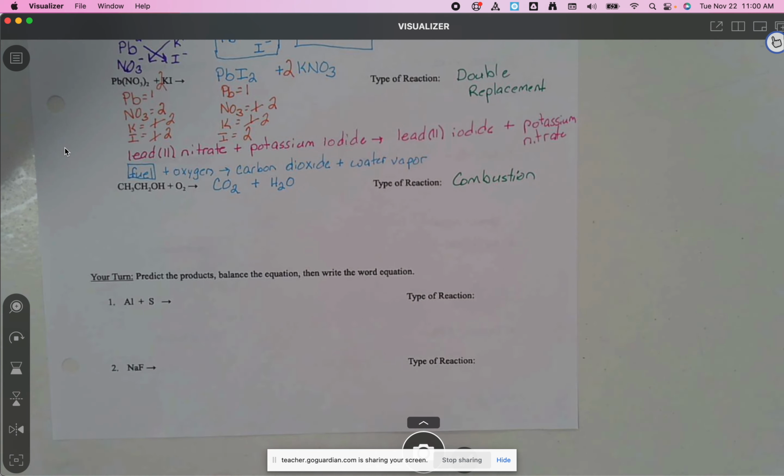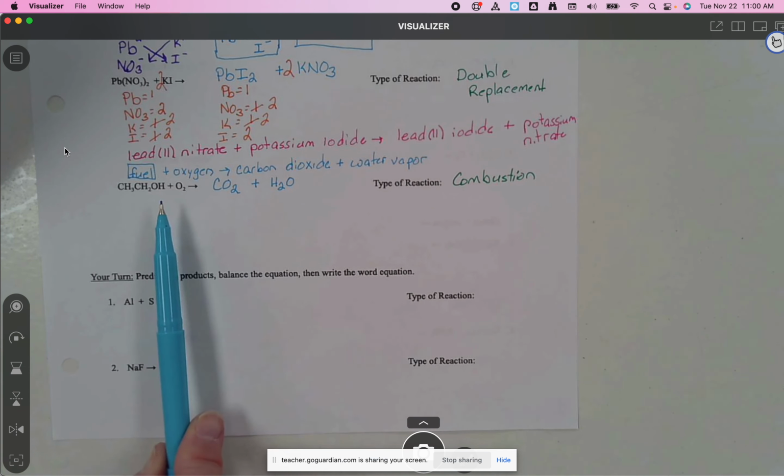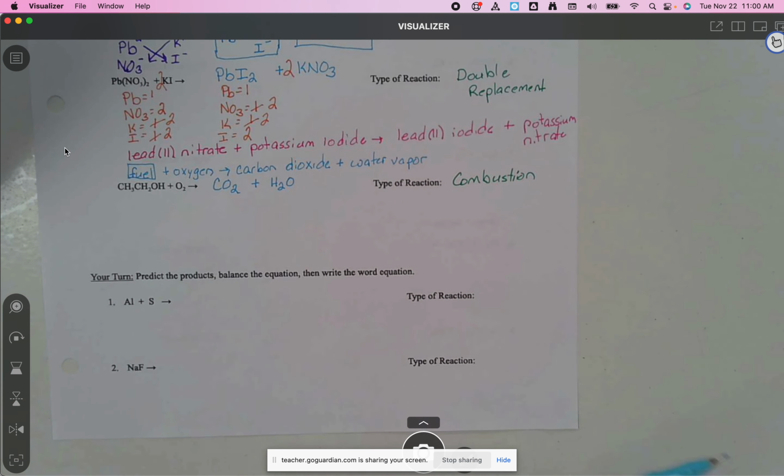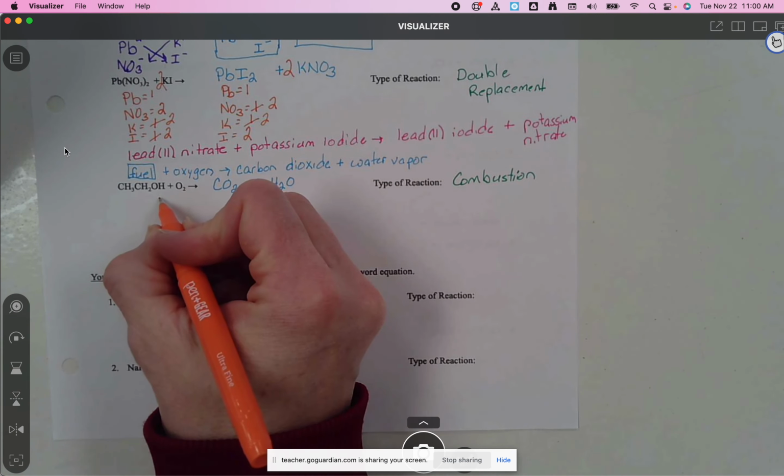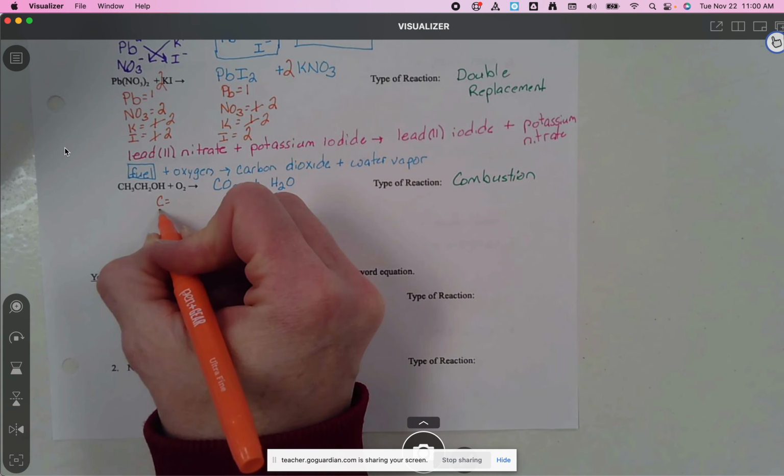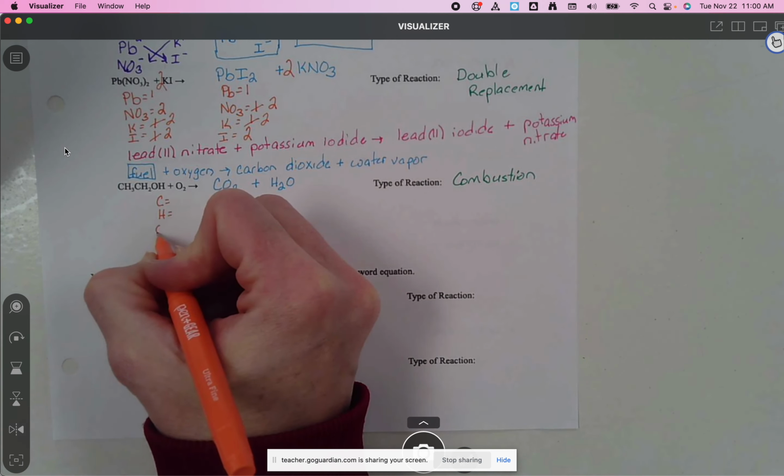People make this one more difficult than it needs to be. I think they just don't want to accept that everything else could possibly be the same. That adding oxygen and making the carbon dioxide and water is just the same every single time. These are your CHO reactions, and we always balance them in that order. Carbon, hydrogen, oxygen.